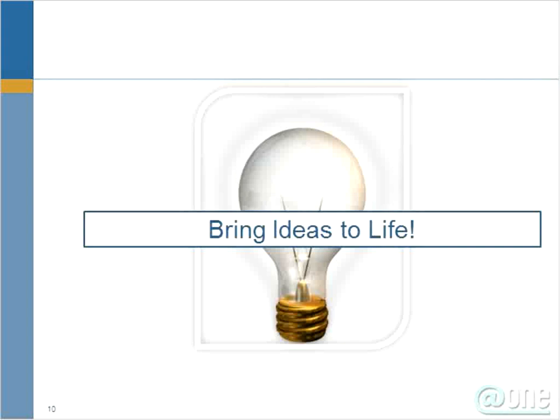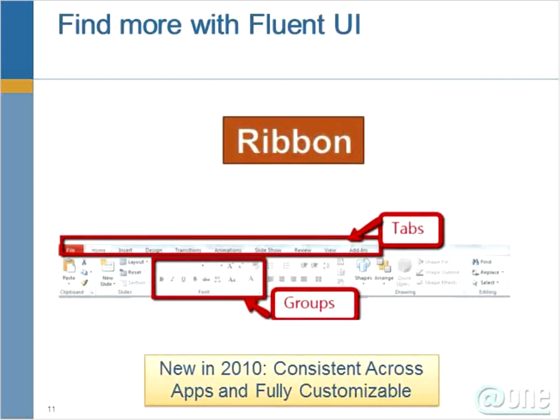So let's cover in PowerPoint 2010 what are the new things that you can see that bring your ideas to life. Well, first of all, you really need to be able to get comfortable with the Fluent user interface, and really that's focused on the ribbon instead of those menus we talked about before, where you really had to drill down to find a certain feature.